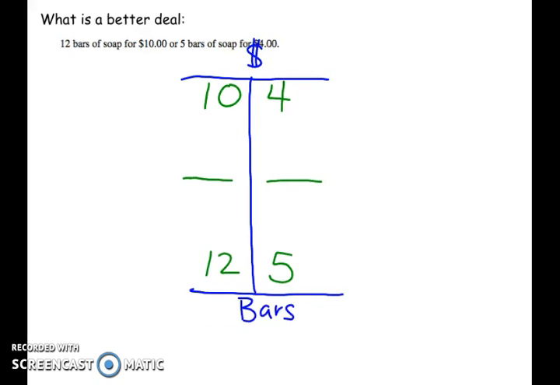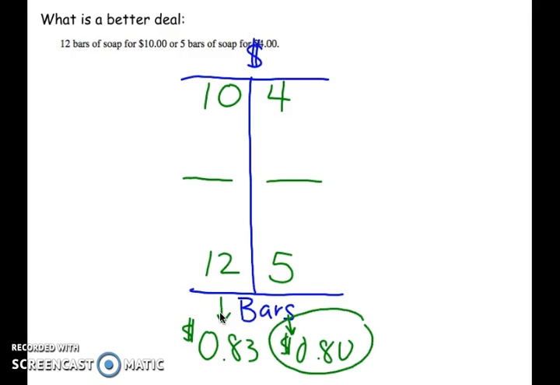So 10 divided by 12 is 83 cents for 1 bar. And then 4 divided by 5 is 80 cents per 1 bar. So what's the better deal? The better deal is the 5 bars of soap for $4 because I'm only paying 80 cents per one.